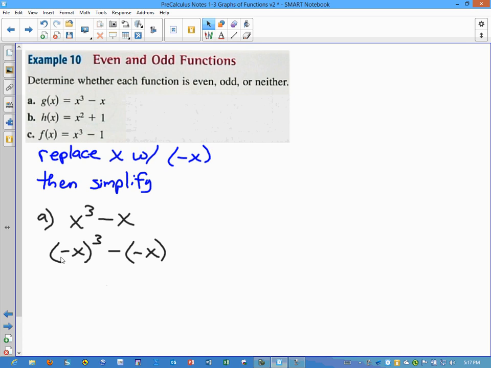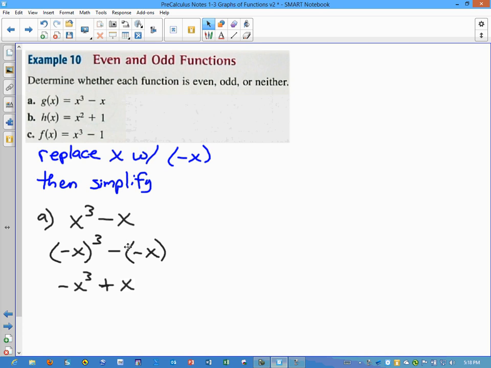So here we have negative x quantity cubed means negative x times negative x times negative x, and 3 negatives is a negative. So we have negative x cubed, and then here a negative of a negative times a negative is a positive, or in other words, 2 negatives is a positive.